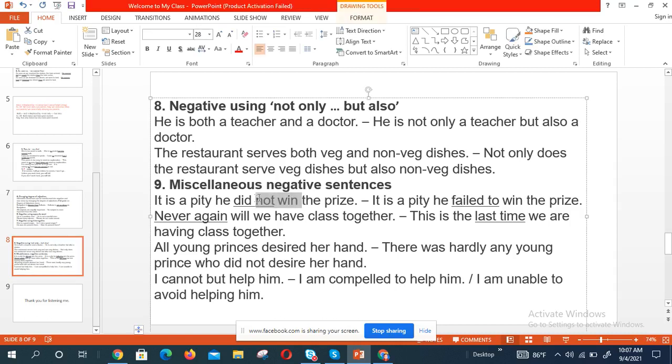Failed is the opposite word, meaning did not win. Never again will we have class together. We can use it in this way: this is the last time we are having class together.